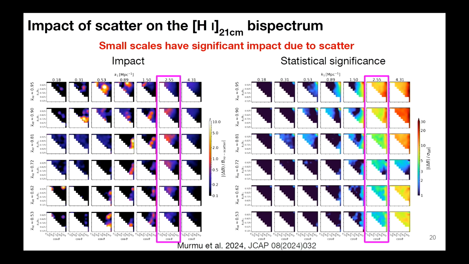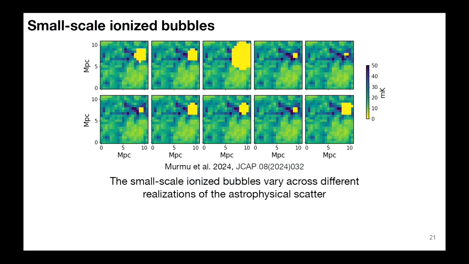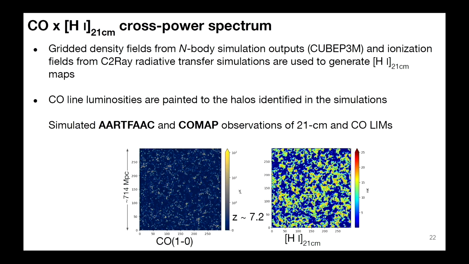It turns out that it affects the small scale bispectrum, that is the large k mode bispectrum, where the statistical significance is high as well as the impact. This is simply because in different realizations, the small scale bubbles, the small scale ionized regions, vary from realization to realization. That's why this effect is significant at small scale, but not at large scale.